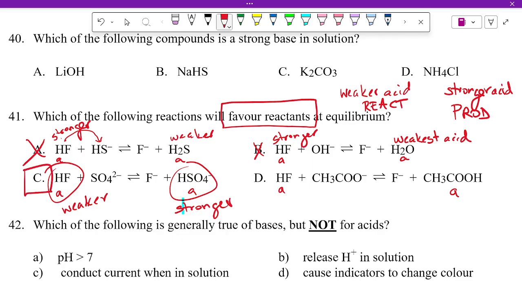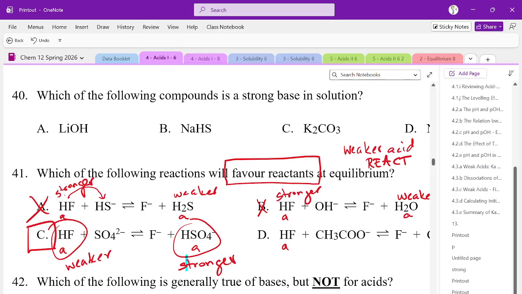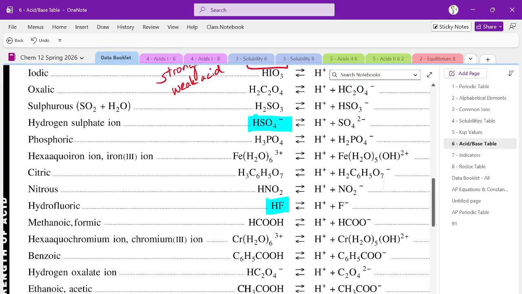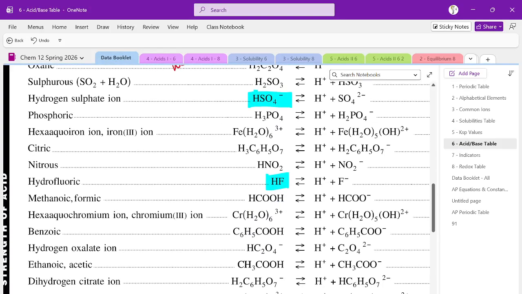But if you were to look at D, you would find that acetic acid is weaker than HF. Let's just confirm that. Acetic acid is here. And indeed, it is weaker than HF.